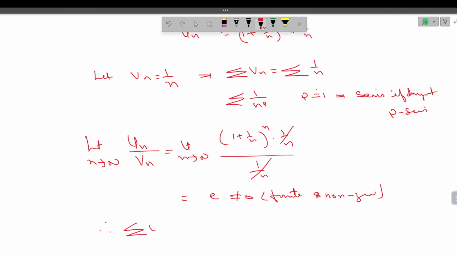Therefore, summation u_n is divergent by the comparison test. The series is divergent by the comparison test. Therefore, u_n is divergent by comparison. That's it.